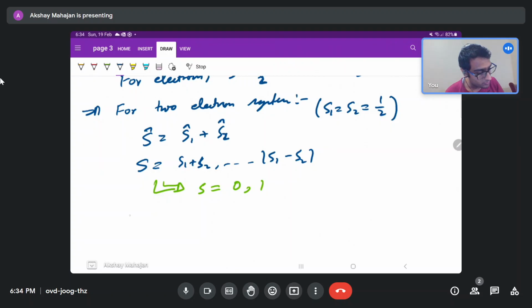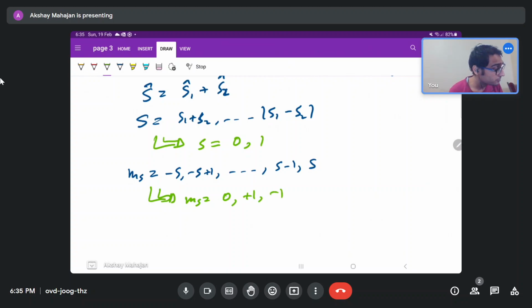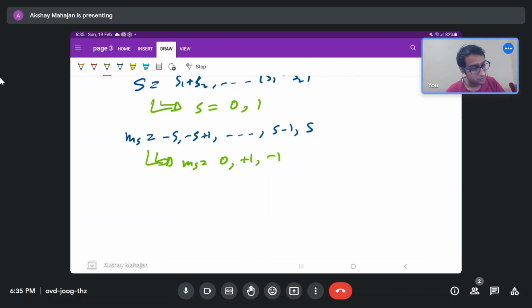And our ms values will go from minus S, minus S plus 1, up to S minus 1, S. Since we have 0 and 1, that gives us ms equals 0 for S equals 0, and plus 1, 0, minus 1 for S equals 1.